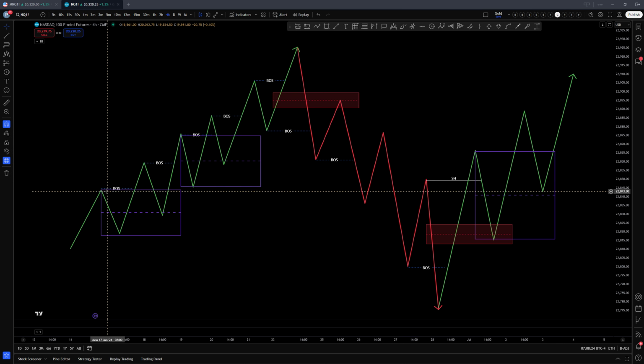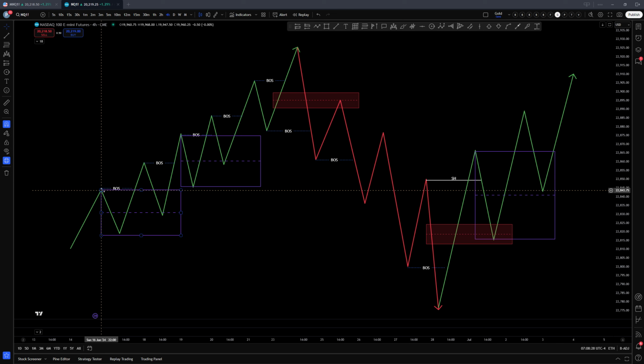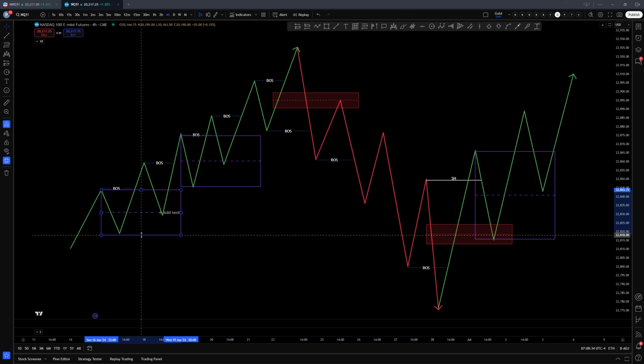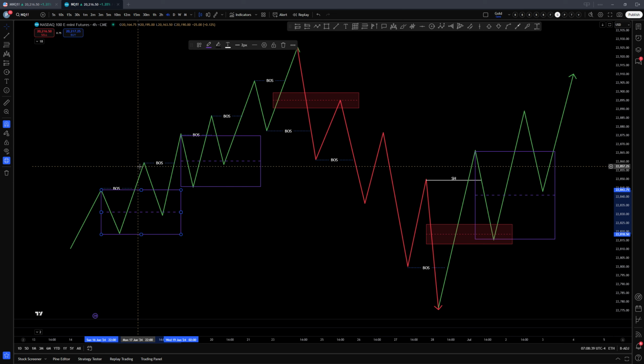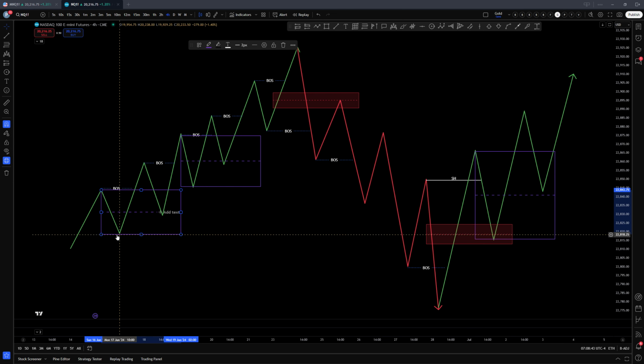I've used these rectangles, as we talked about in the first video, just to illustrate how we can track our lows and highs, or our strong structure and our weak structure. So the top of the rectangle represents our break of structure, and the bottom of the rectangle represents our strong or protected structure.